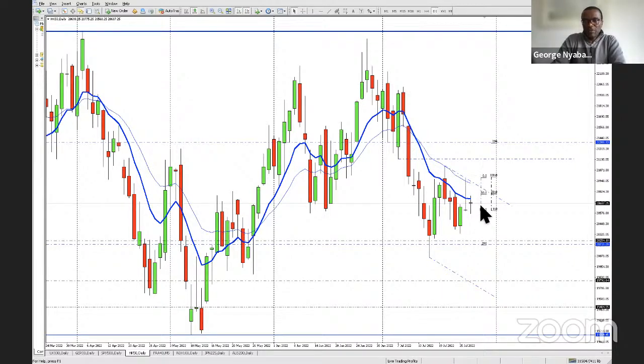So these measured moves here mark the extent of any breakout above this particular candle. If we break out beneath the low of it, this will be the measured move. Okay, so just to keep my charts clean, I'm leaving the measured moves in.